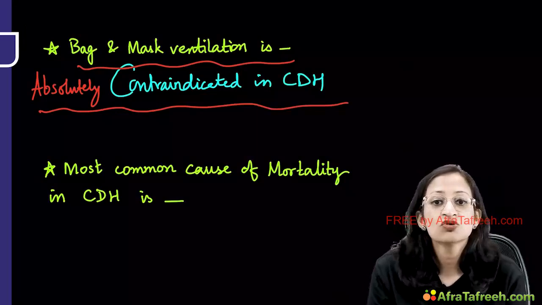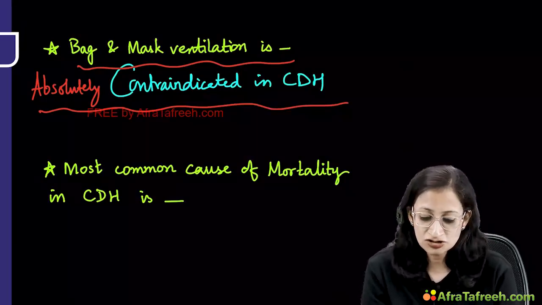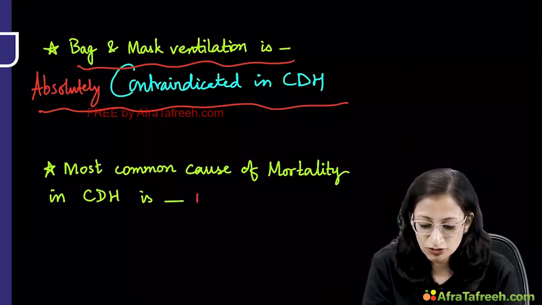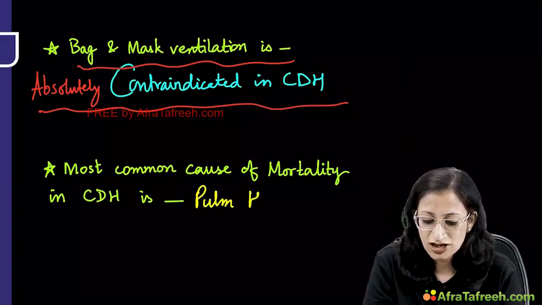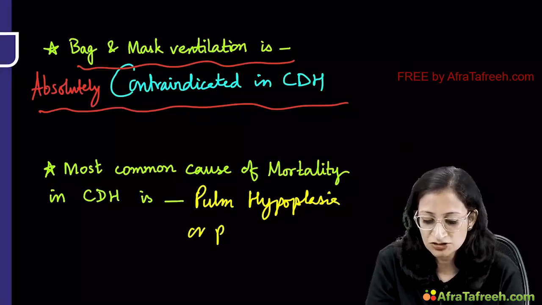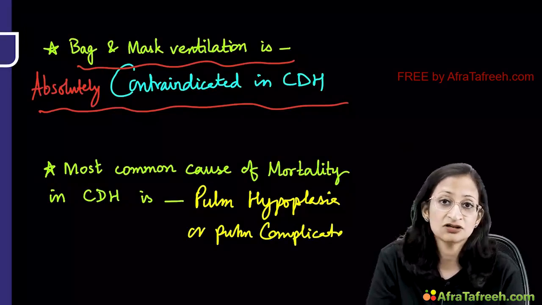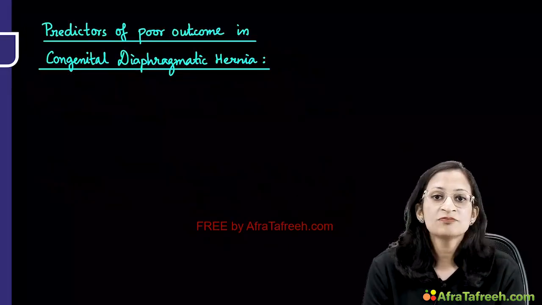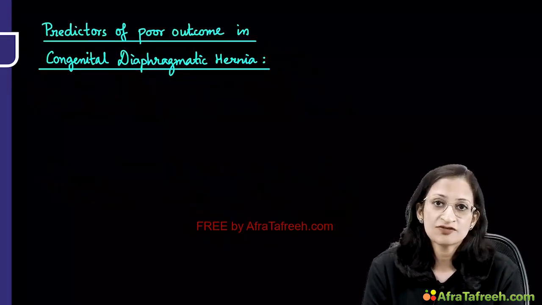The most common cause of mortality in CDH is pulmonary hypoplasia or pulmonary complications. So there is hypoplasia of the lungs, and pulmonary hypoplasia or pulmonary complications are the most common cause of death in a child with congenital diaphragmatic hernia, right? What are the predictors of poor outcome in congenital diaphragmatic hernia?